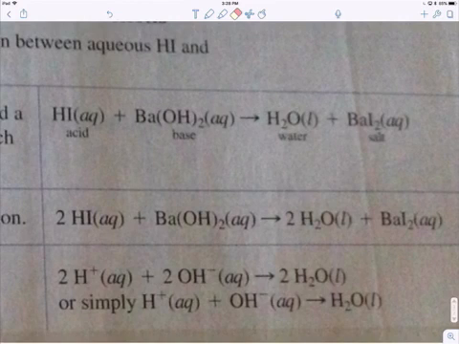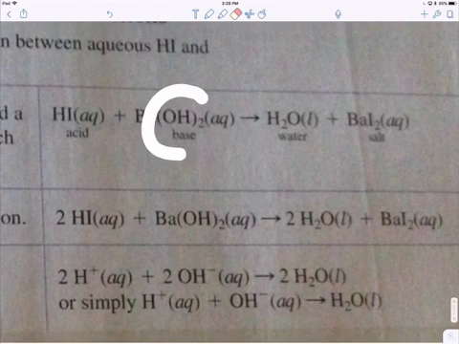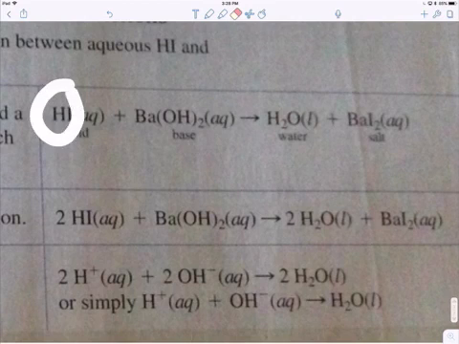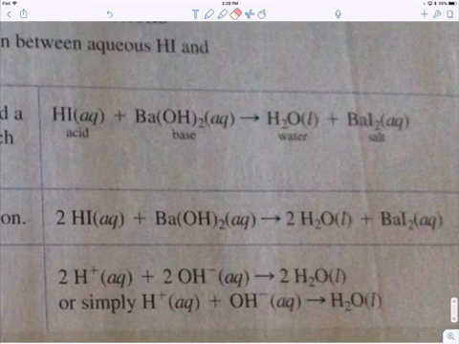Okay, so this equation here, we're going to balance it. Another hint: when you balance some things, I tend to look at these hydroxides as one unit. So I look at this H reacting with this OH to form water, and I don't look at it as hydrogens and oxygens individually.